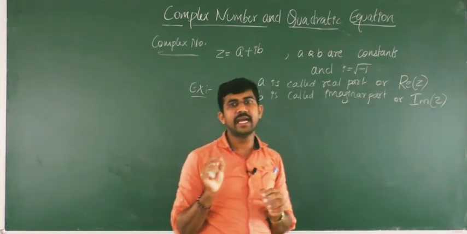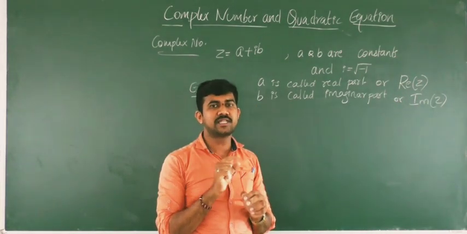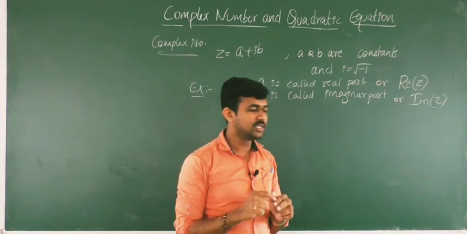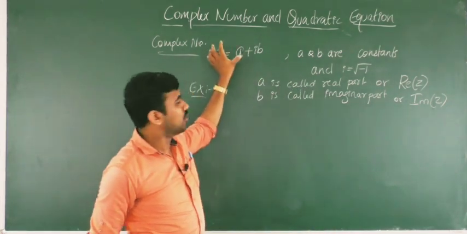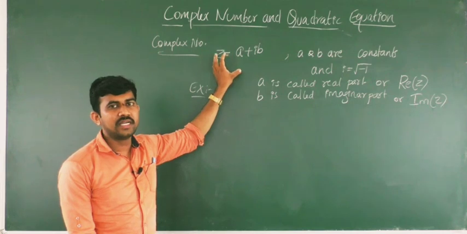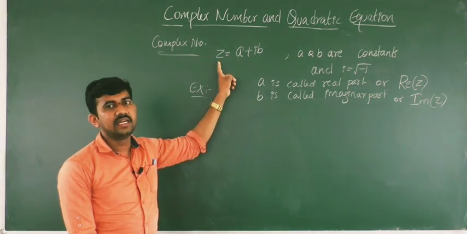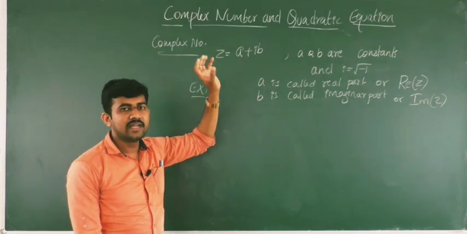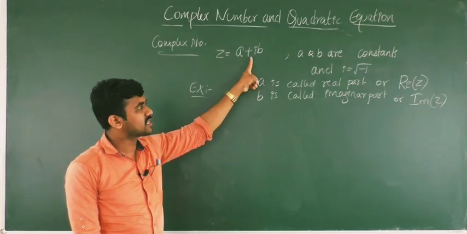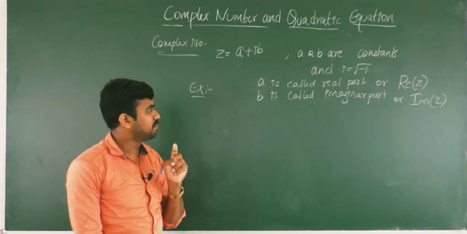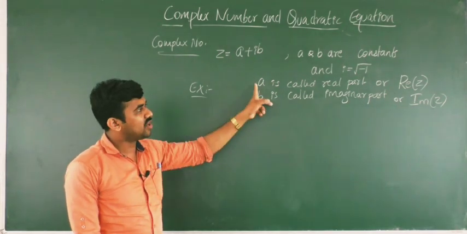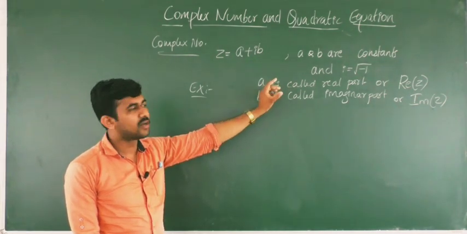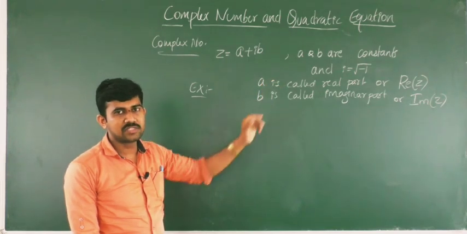Im means the imaginary part of z. So you got how to write a complex number. In general we can write z is equal to a plus ib, where a and b are constants and i is equal to the square root of minus 1. And a is called the real part of the complex number, or we can write Re of z.